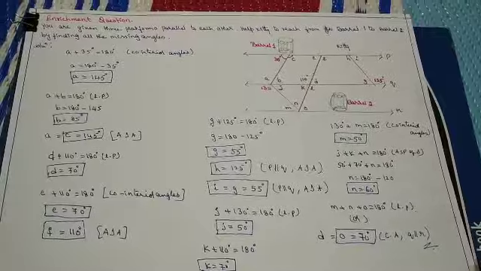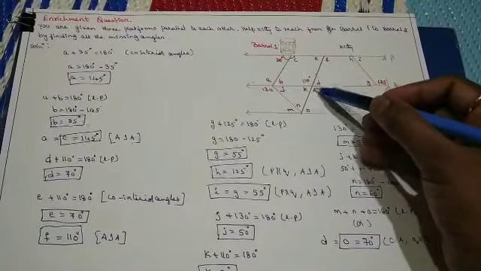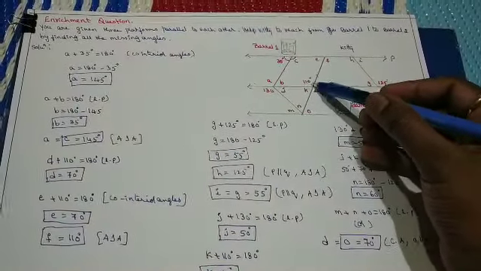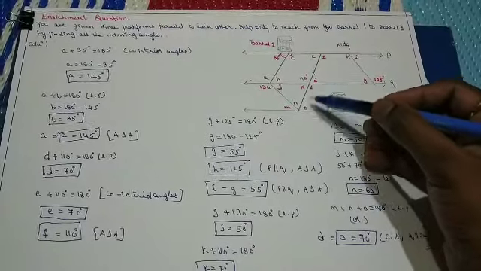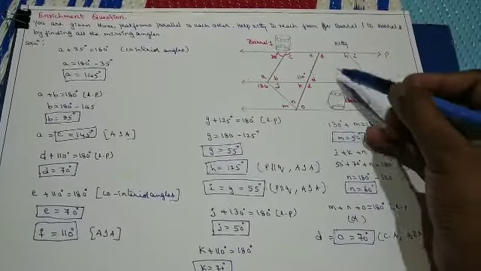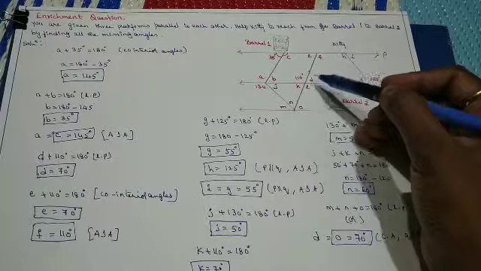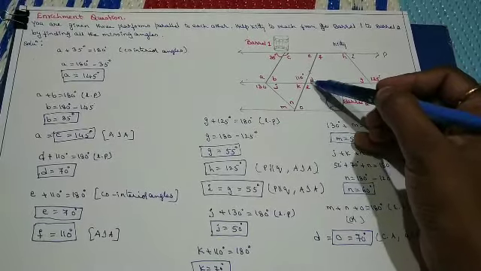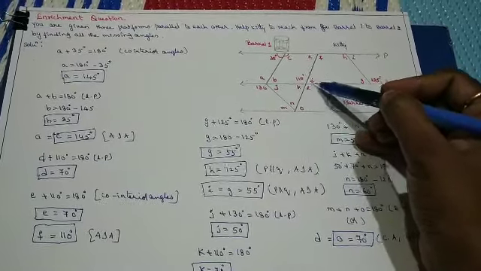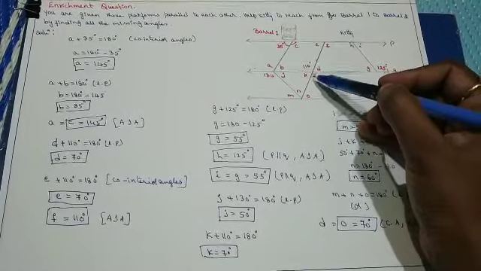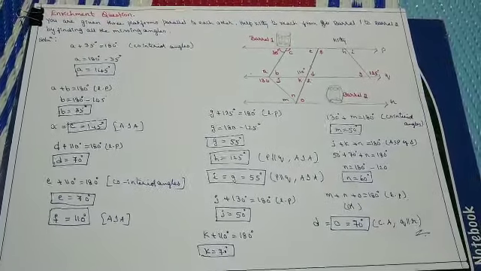Even to find the L value I can go vertical opposite angles also, or with respect to O I can go with the corresponding angles also, or with respect to D I can go with the linear pair, D or K to find the value of L. There are many possibilities to find the value of variable, children.